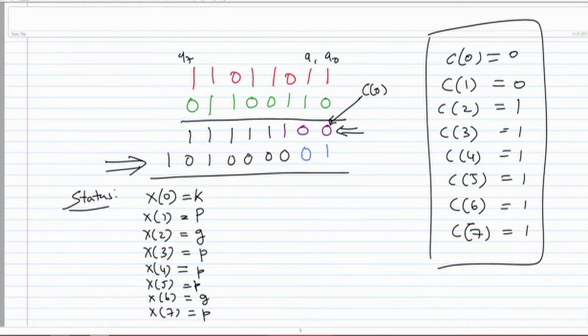So kill, propagate, generate, propagate, propagate, propagate, generate, propagate. So kill, next is propagate, next is generate, followed by 4 propagates. Then x7 is generate, then I have x8.